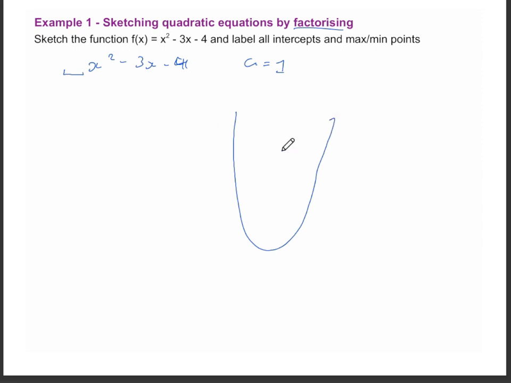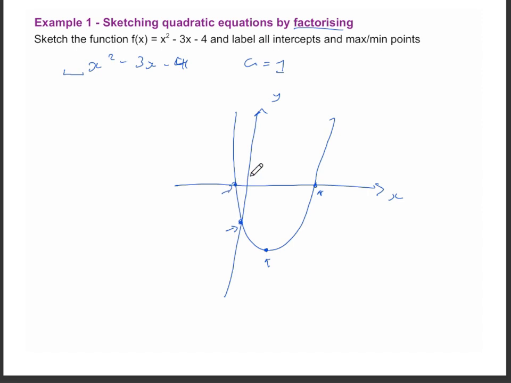Okay? And then what else do we need? We need the vertex, and we need exactly where it touches the x-axis. Right? So suppose this is the xy plane, and we want exactly where it touches the x-axis, and where it touches the y-axis, and also the vertex. We need the coordinates of all of these.